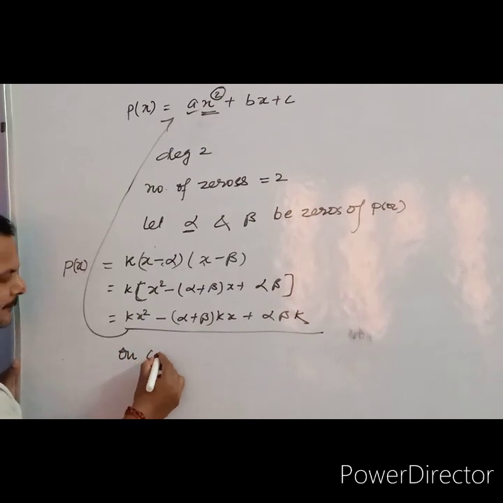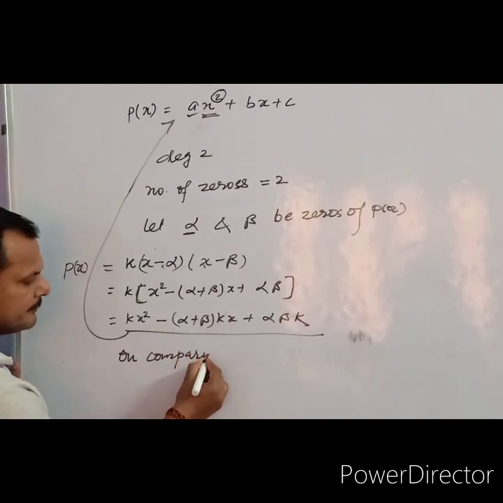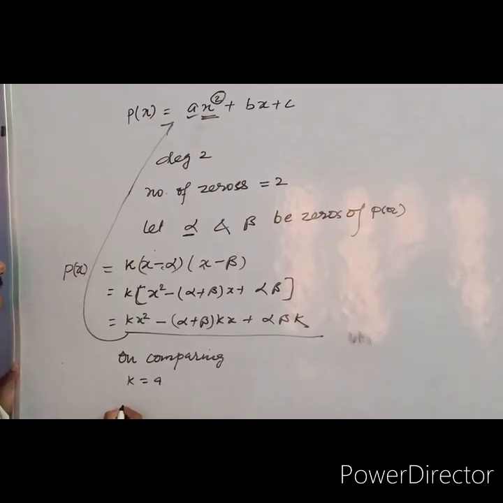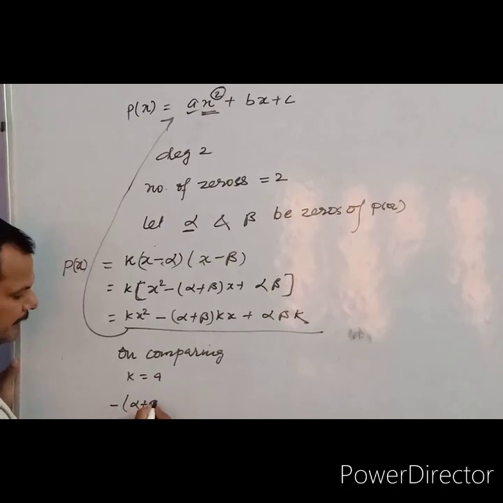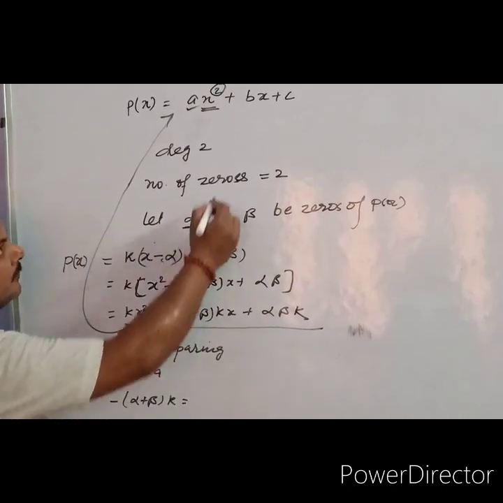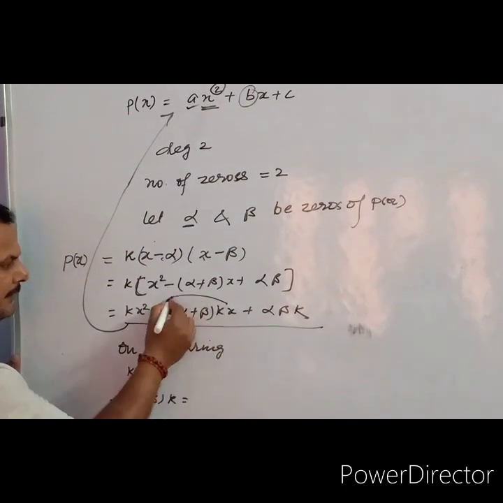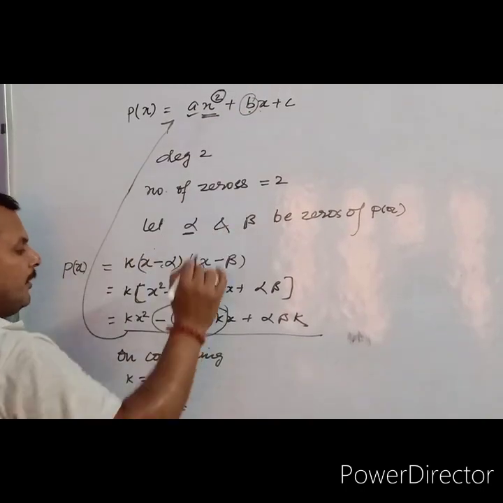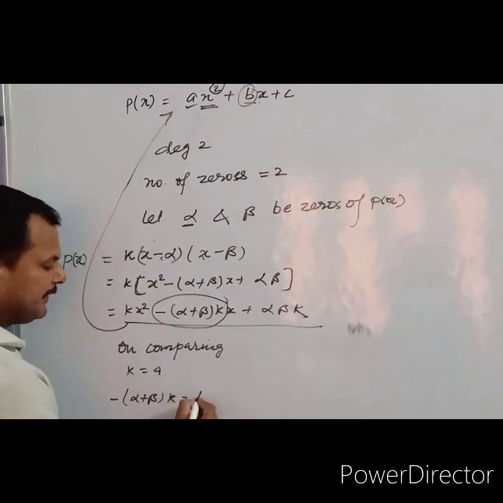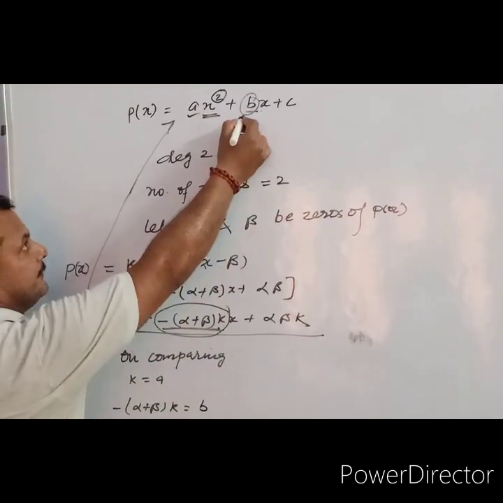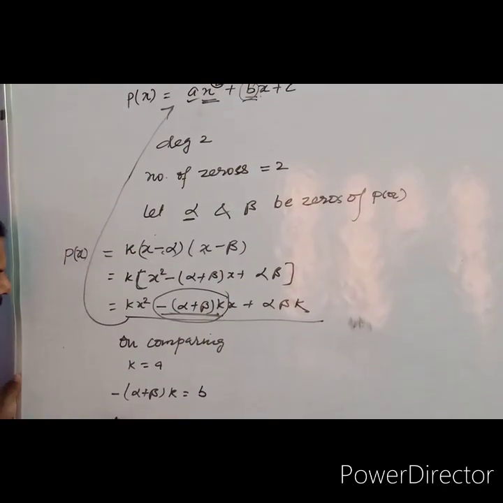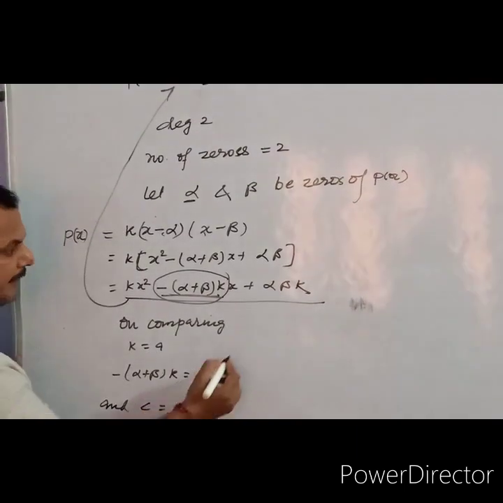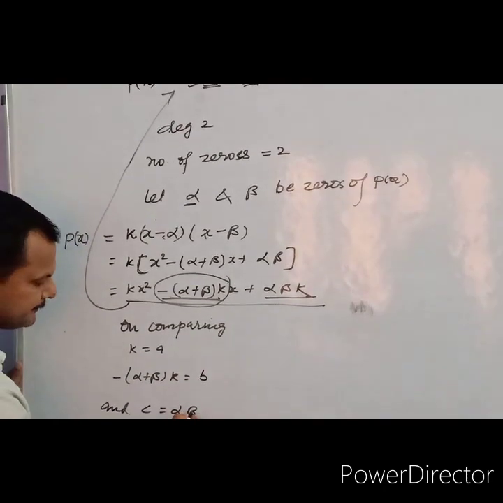On comparing, you get k is equal to A. Minus (alpha plus beta) k is equal to B, because here the x coefficient will be B. You have to compare the coefficients. Clear? And the last one is the constant: here it is C, and here the constant is alpha beta k.